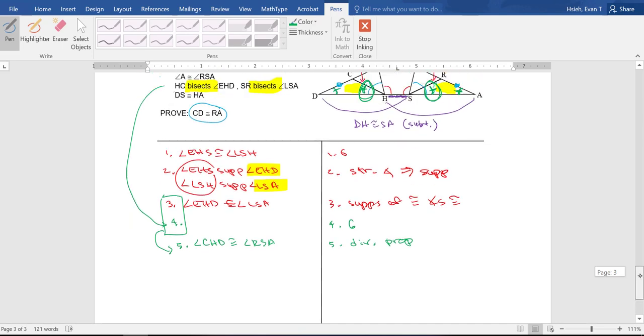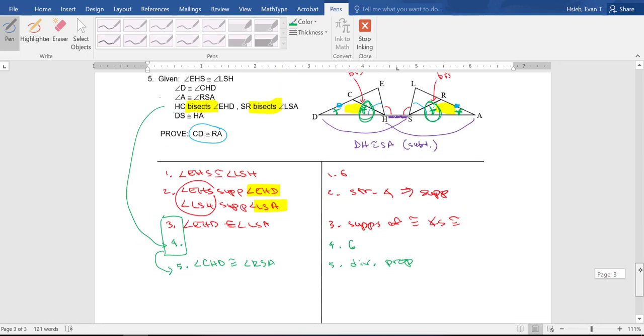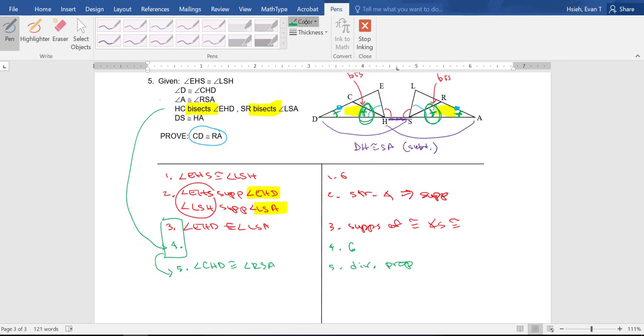More angles to work with here, right? So now I can take these angles, let's stick with green here, that's given. And now I can say that all these angles are all congruent to each other.